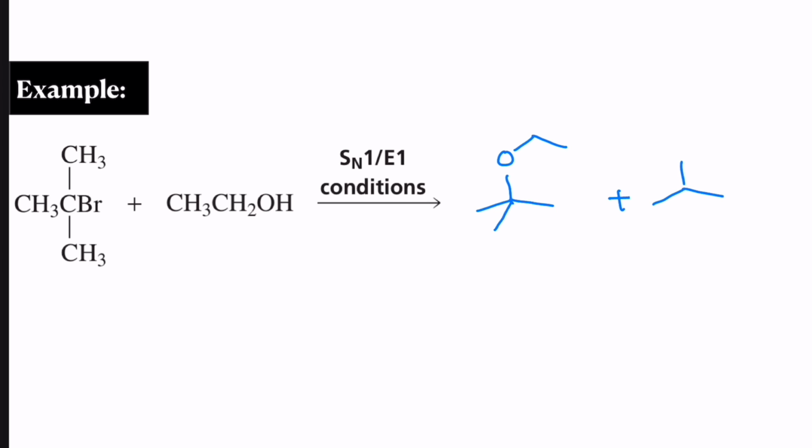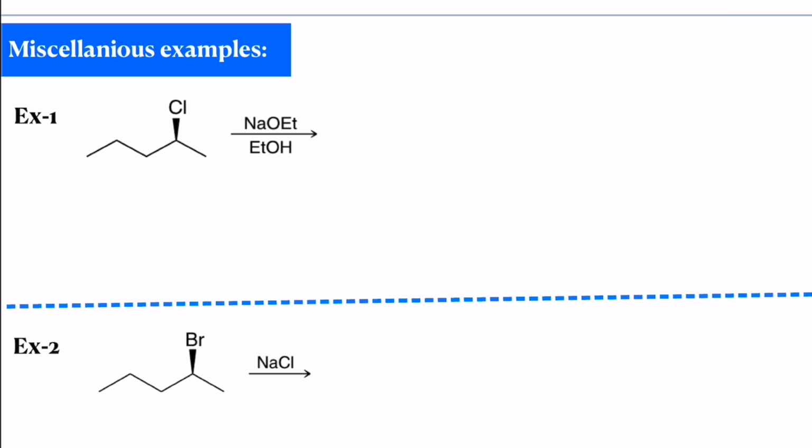Elimination is also possible, but substitution is more favorable. Therefore, the percentage of substitution product will be more. If temperature is mentioned and if temperature is high, in that situation you can go for elimination product as the major. Now let us apply the theory.